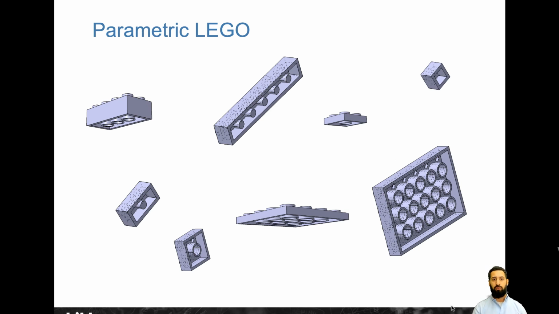The first tutorial is called Parametric Lego. Here you do one Lego model, which then can take different types of shapes depending on a set of rules that you will define. This is a really good tutorial to dive into the whole design automation domain, I would say.